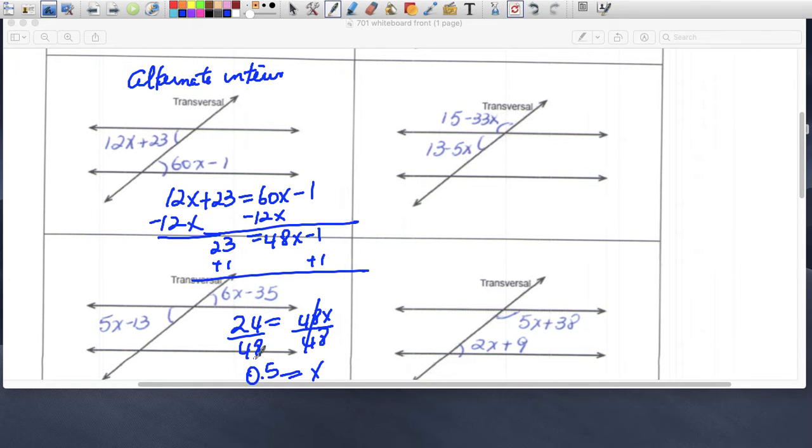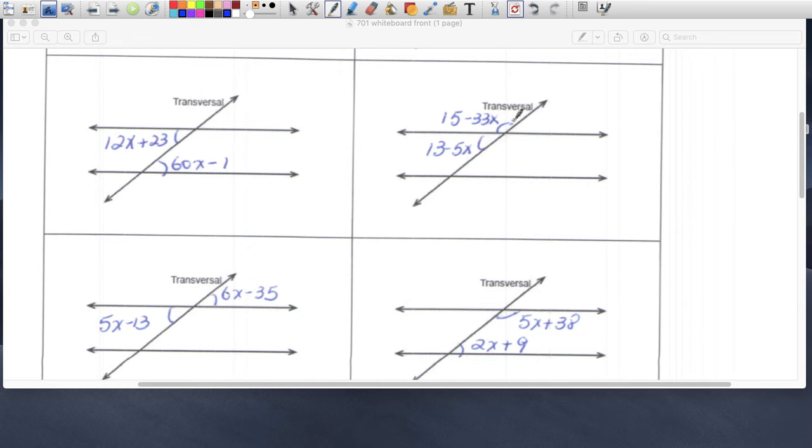Right? Now you can go back to the equation. And over here, 60 times 0.5 minus 1. 60 times 0.5 is 30. 30 minus 1 gives me 29. So this is 29. This is also 29 because they're alternate interior.